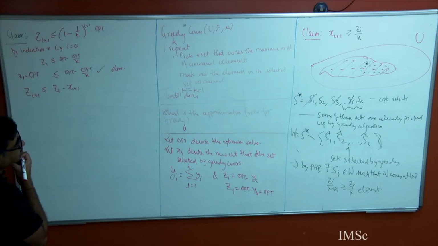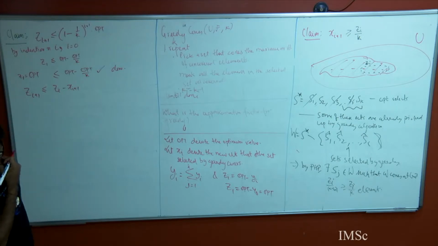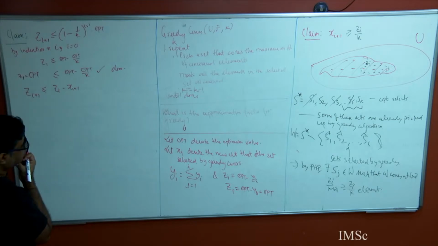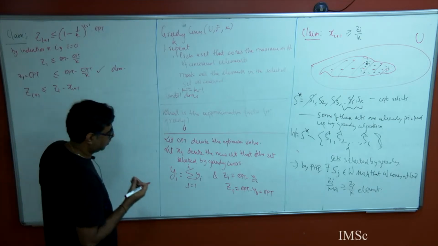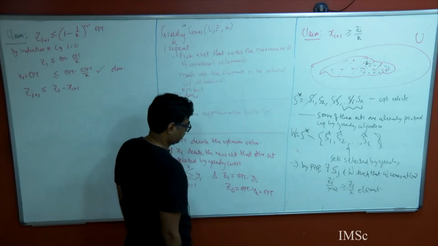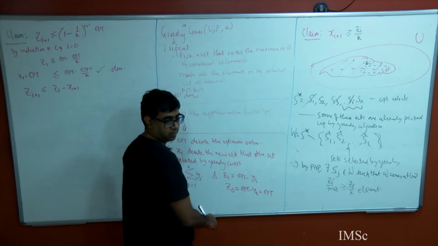So wait, we shouldn't be Z0, right? So this is not correct. This is Z0, right? Yeah, this is fine, right?